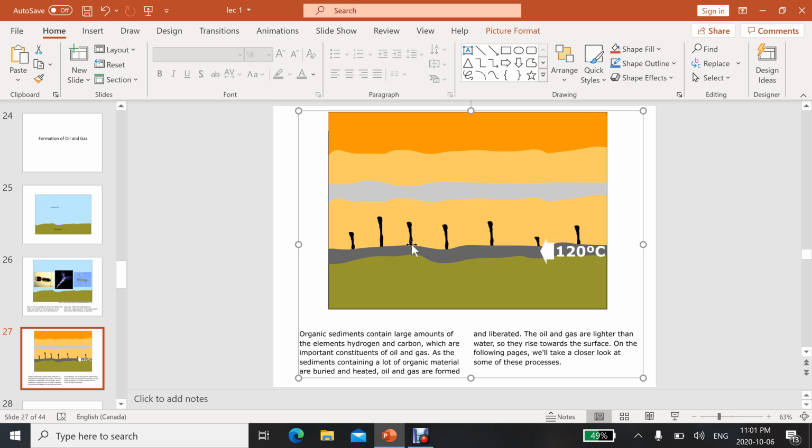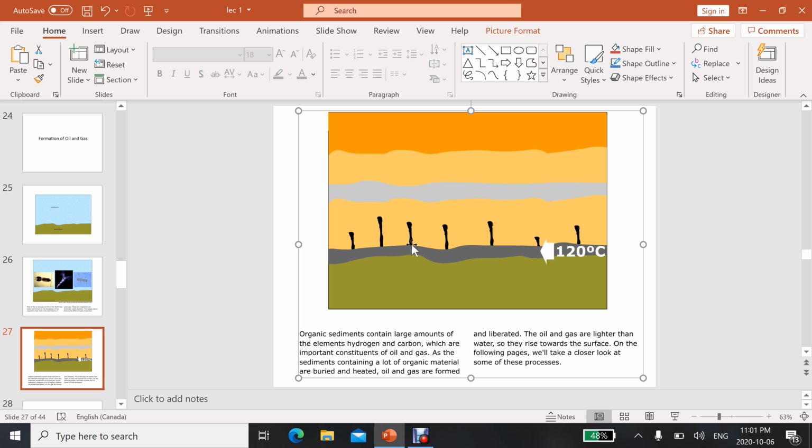Organic sediments contain large amounts of the elements hydrogen and carbon, which are important constituents of oil and gas. As the sediments containing a lot of organic material are buried and heated, oil and gas are formed and liberated. The oil and gas are lighter than water, so they rise toward the surface.